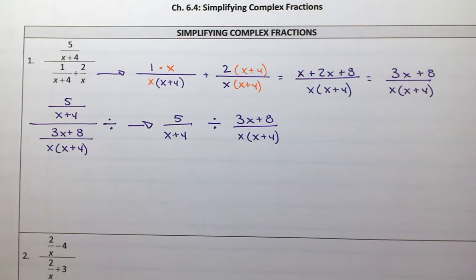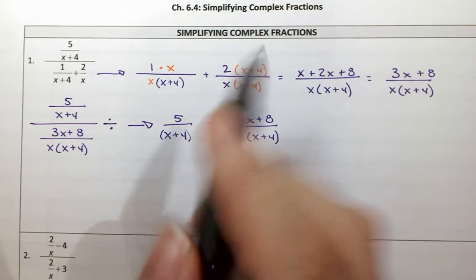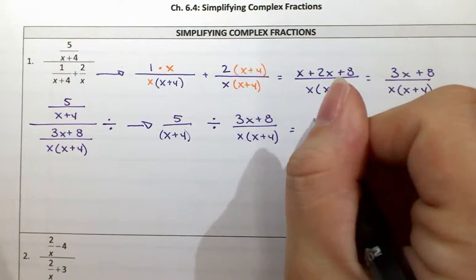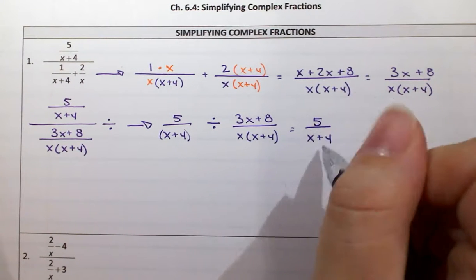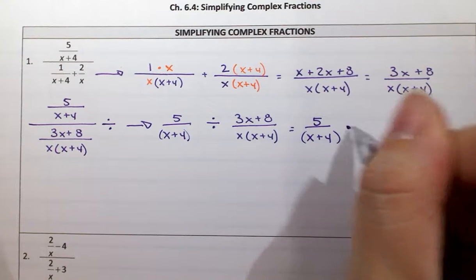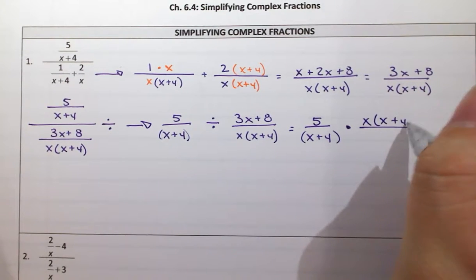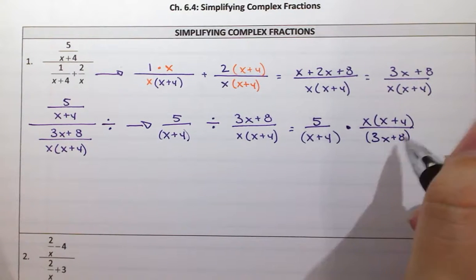This is why I don't want you to multiply things, because both denominators are factored completely. 5 is factored, 3x plus 8 doesn't factor. So now we are going to change this to multiplication. So 5 over x plus 4 times the reciprocal. X times x plus 4 goes on top. 3x plus 8 comes down to the bottom.